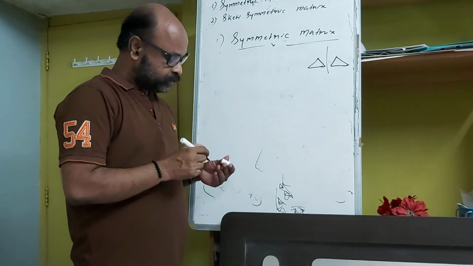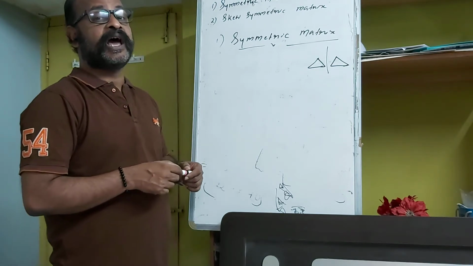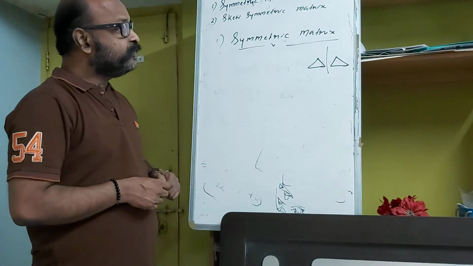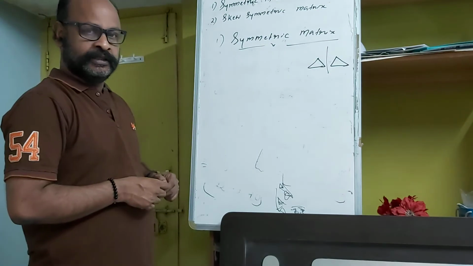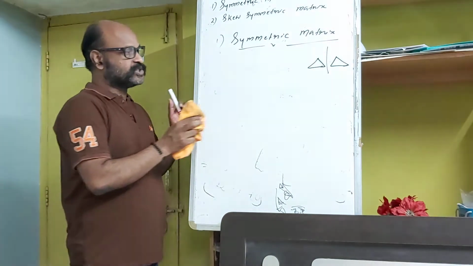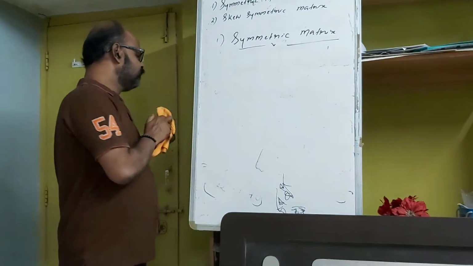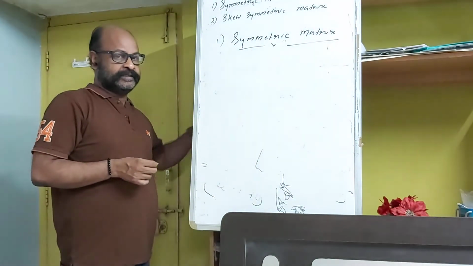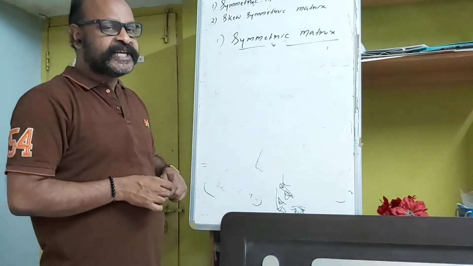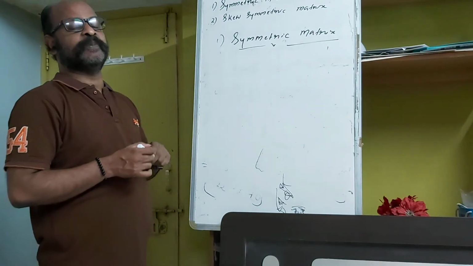The meaning is that the object and the image look extremely alike. Symmetric means that with respect to the mirror, the object and image remain the same. So when we come to the term symmetric, the meaning alike, similar, same comes to our mind.